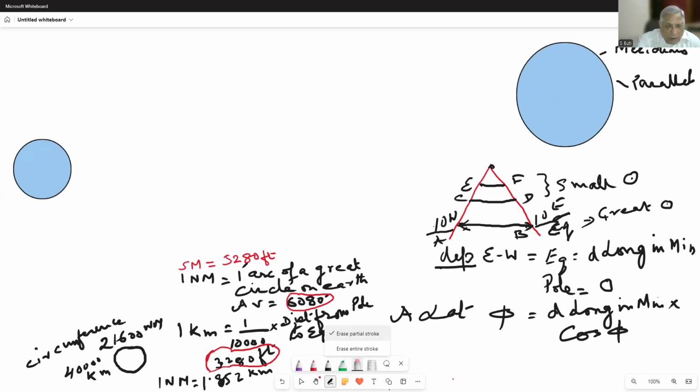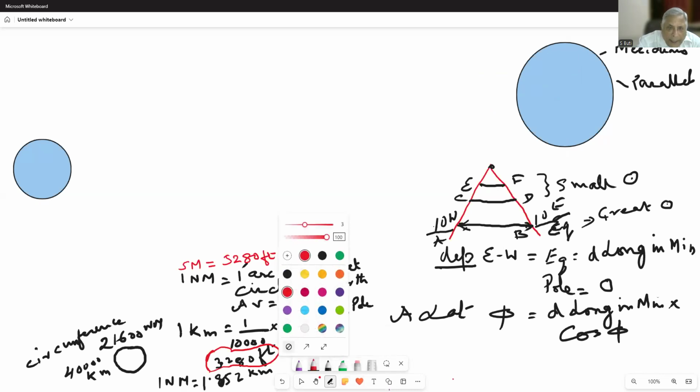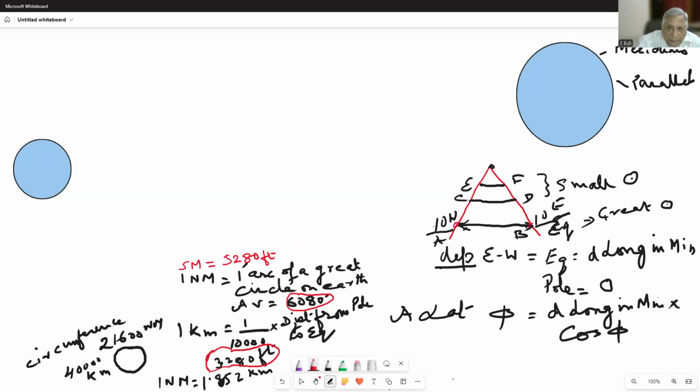Now let's take these places A and B. They are both on equator. A is 10 degrees west, B is 10 degrees east. So dlong will be 20 degrees, and converted into minutes, it will be 1200 minutes.